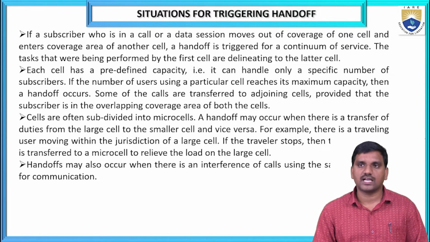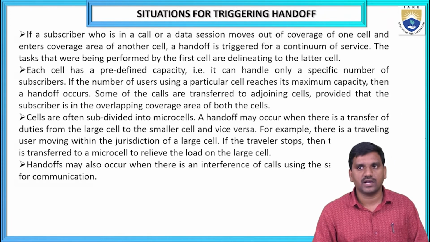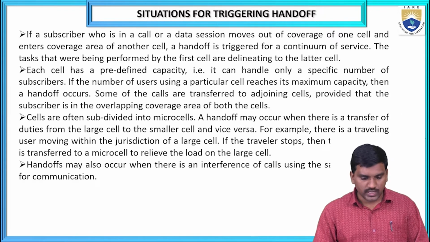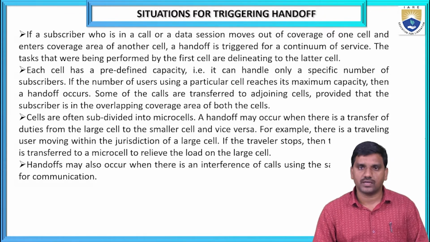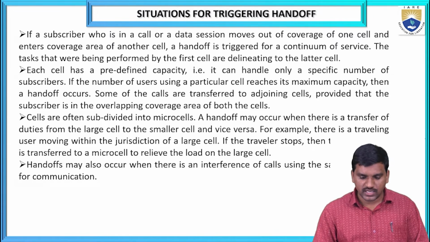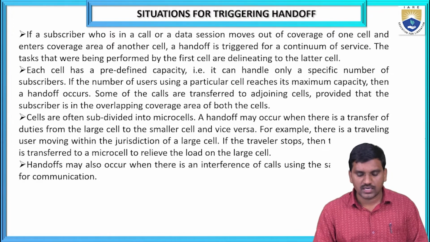Some of the calls are transferred to adjoining cells, provided that the subscriber is in the overlapping coverage area of both the cells. Next, the cells are often subdivided into micro cells. A handoff may occur when there is a transfer of duties from a large cell to a smaller cell and vice versa.